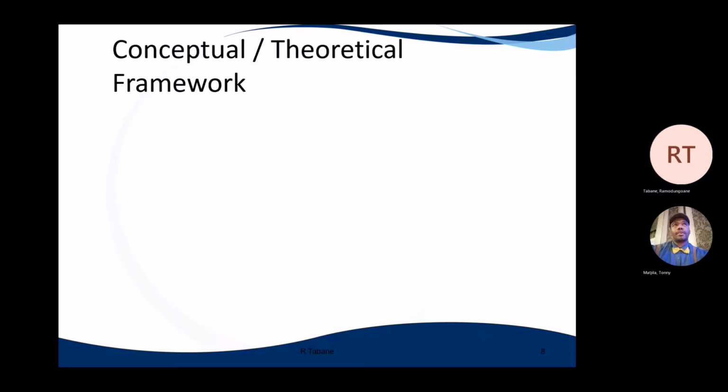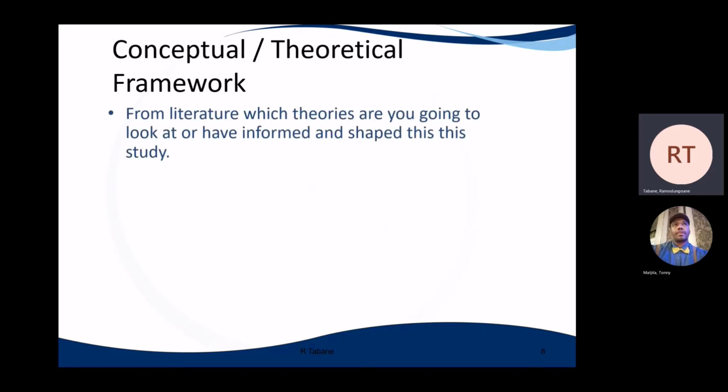We get students who get confused in terms of the difference between conceptual framework or theoretical framework. Literature helps us to understand what this is. Literature helps us to pinpoint the theories or the conceptualized theories for our studies.